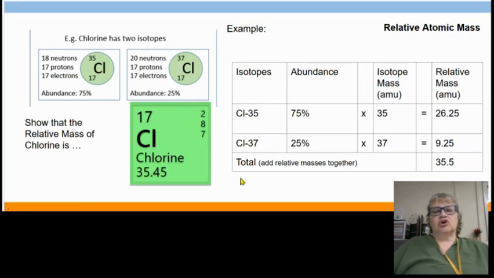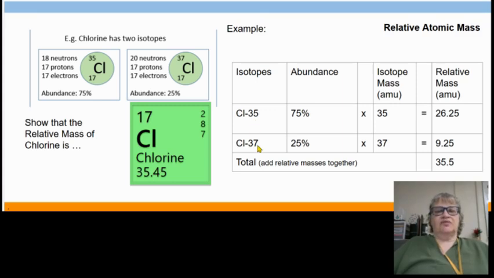Okay, so I'm going to take my chlorine 35, so my mass number is 35, and I'm going to multiply that by 75%. Okay, and so I get 26.25.